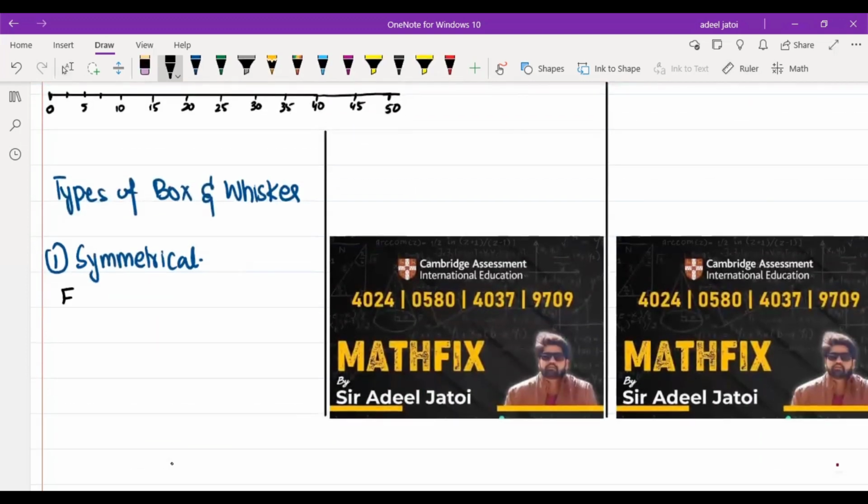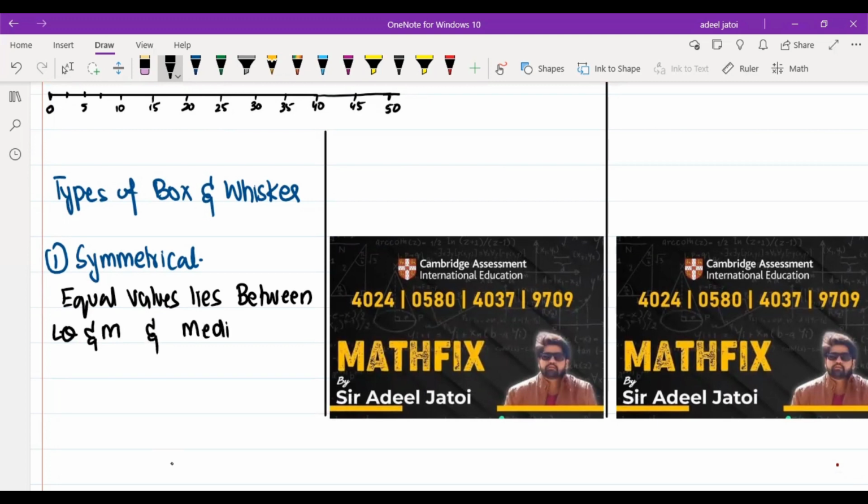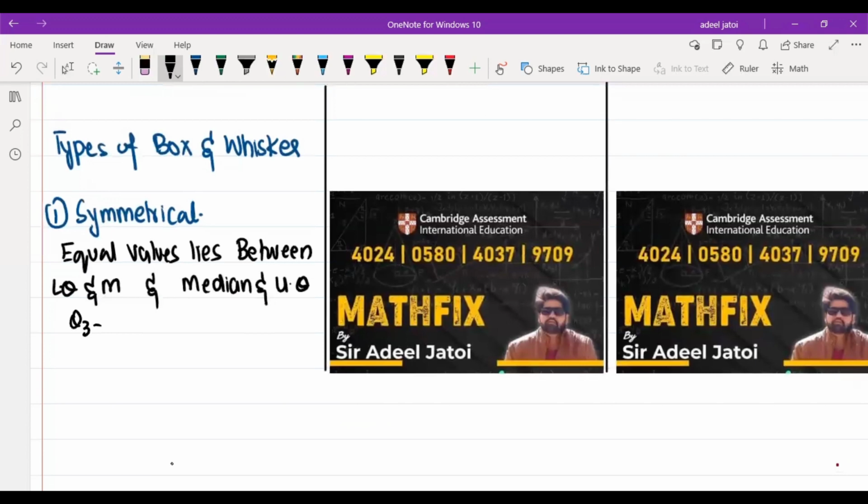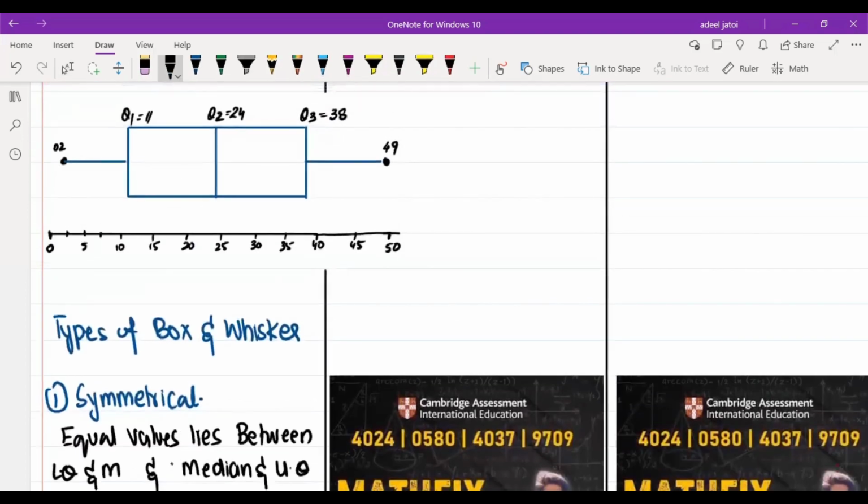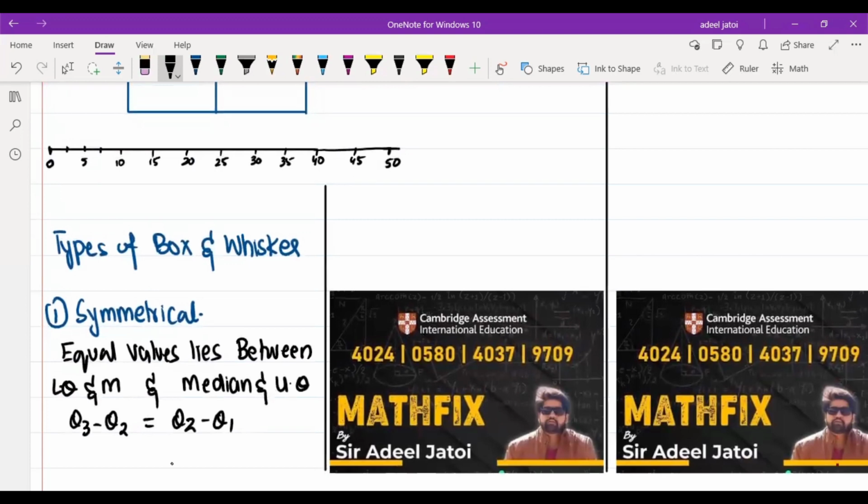Symmetrical is when equal values lie between the lower quartile and median, and between the median and upper quartile. That means the difference between the lower quartile and median, and between the median and upper quartile, is the same. So Q3 minus Q2 should be equal to Q2 minus Q1. Your median is Q2, your upper quartile is Q3, your lower quartile is Q1. So upper quartile minus median should equal median minus lower quartile. This will give you a symmetrical graph.